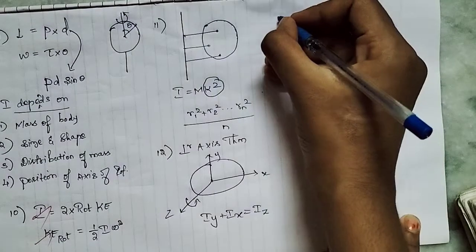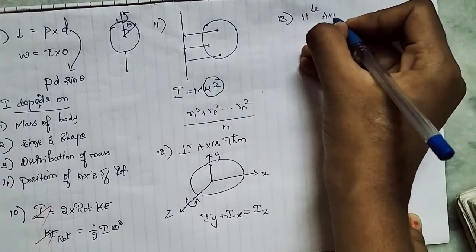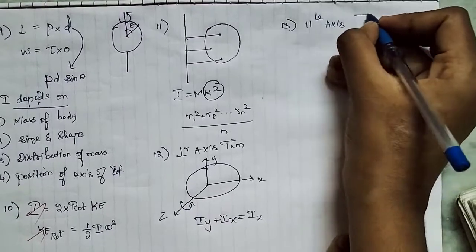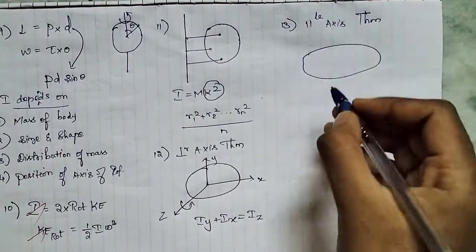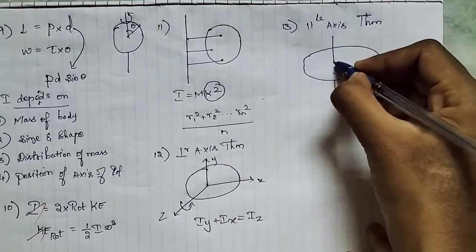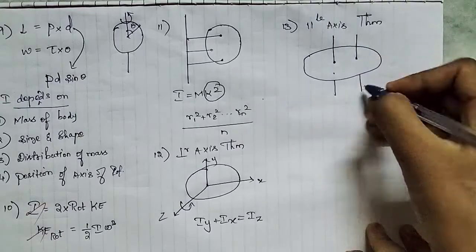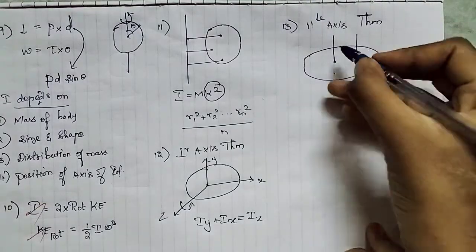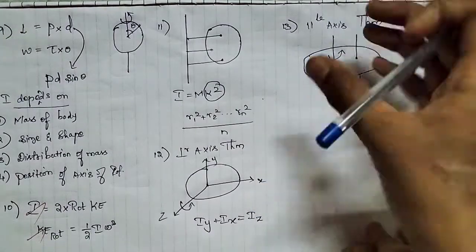Next is the parallel axis theorem. I take a system of particles, with one axis in this way and another axis in the same plane, parallel to it.